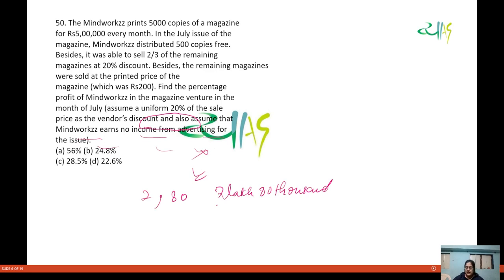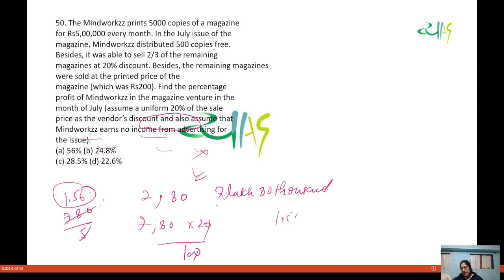So for advertising we don't have any income, but 20% of this 7,80,000 is vendor discount, meaning this amount is being given to the vendors. So for 20%, we take one-fifth of it. So one-fifth of 780 thousand, this will come to be 1.56 lakh.